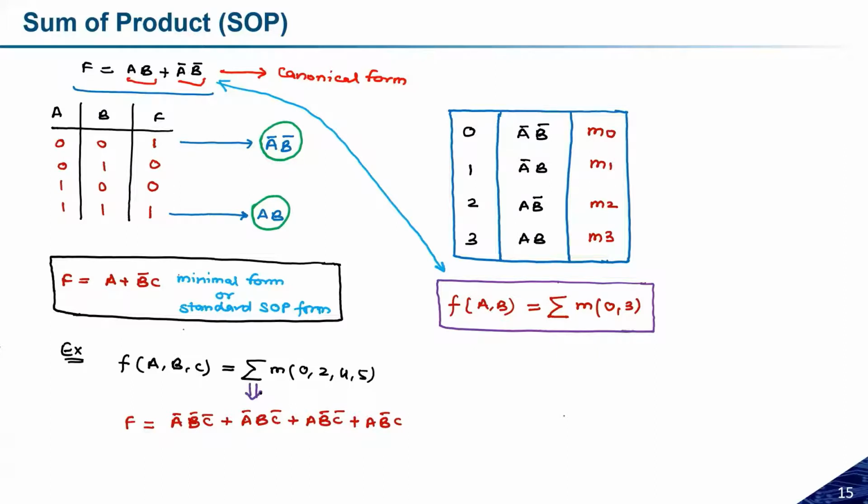Okay, so the same function can be written like this. We were discussing the SOP form. Then let us talk about how the product of sum is different from the SOP. Suppose I have two variables, A and B, both are inputs, and let us assume Y is the output.